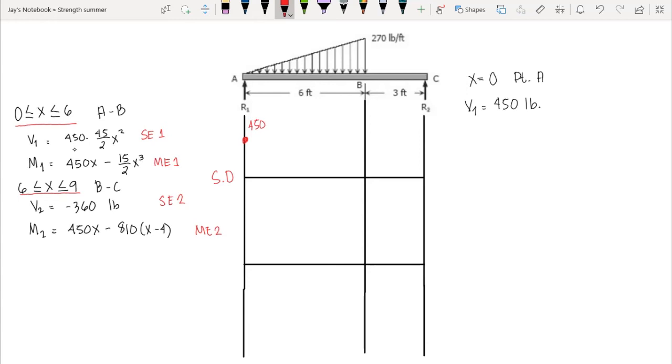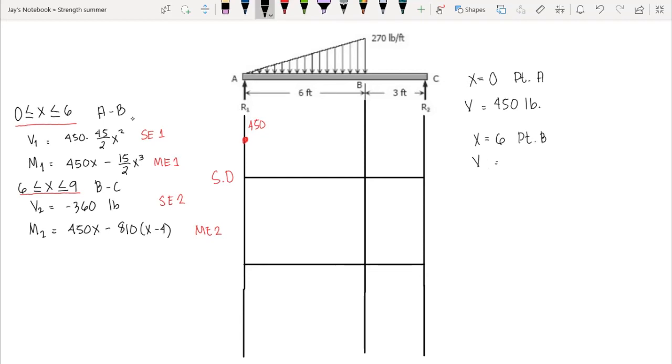Now, let's plot our shear at point B. So we have x equal to 6 feet, that's at point B. Since we are still dealing with segment A to B, we still use this equation.